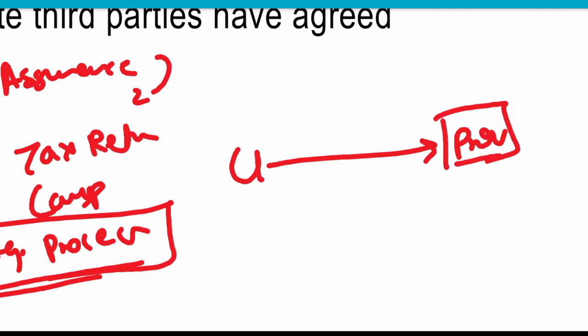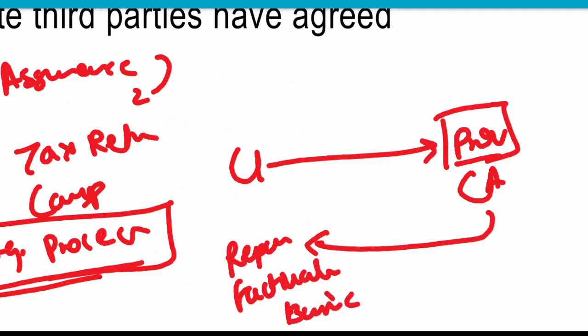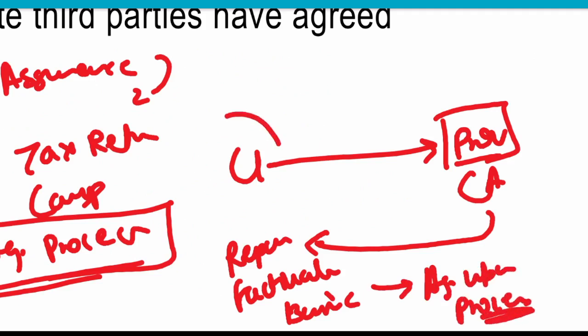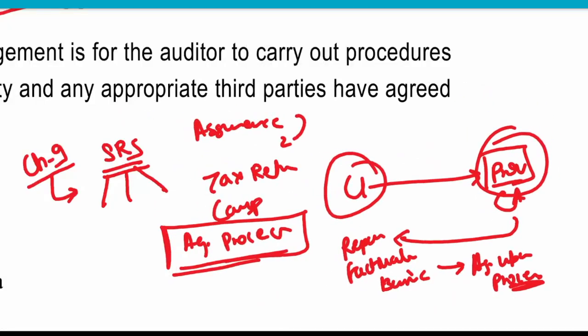The client goes to the CA, and the CA provides them a report on a factual basis. And how are they providing this factual basis report? By doing agreed upon procedures, procedures that are agreed between the client and the CA, the practitioner. And it is not important for the practitioner to be the auditor of the company for performing SRS.